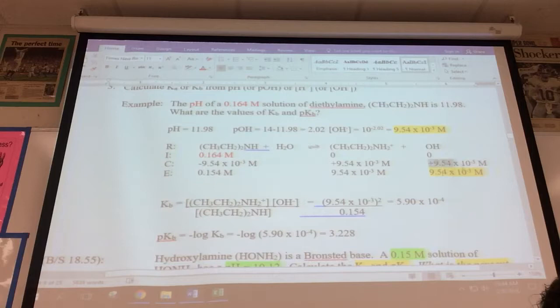Essentially, that is x, which we added to both positions. We're going to subtract it from here. Sometimes it doesn't change the value, sometimes it does. You will need to subtract that x out there since you already have it. Now you have all the equilibrium concentrations. Here's your Kb expression. Plug, chug away. Here's your Kb. Negative log of that will give you your pKb.